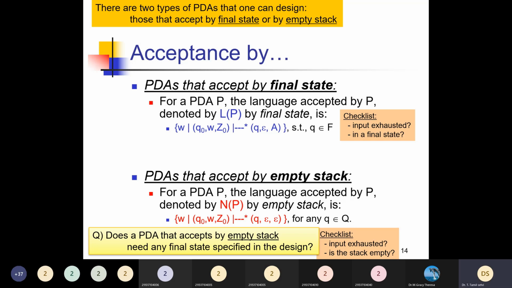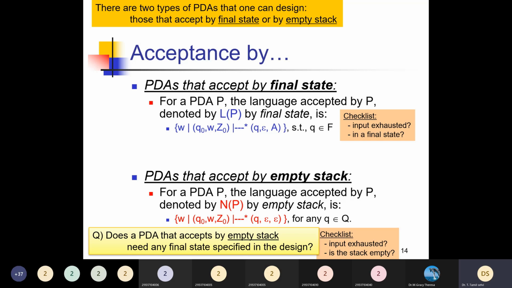So here, PDAs that accept by final state, that is the first part. For a PDA P, the language accepted by P, denoted by L of P, by final state. L is the language and P is the PDA. So the language for the given PDA by final state is: w is a string, and within parenthesis you mention the current state, then the current string, and then Z0. Then q, epsilon, alpha, such that q belongs to F. What is capital F?